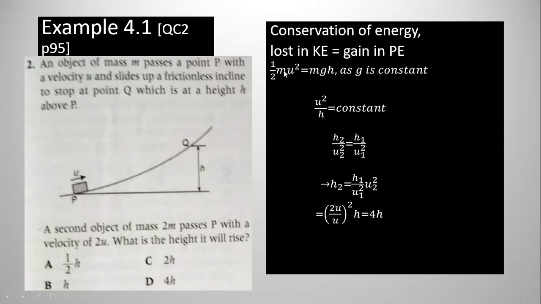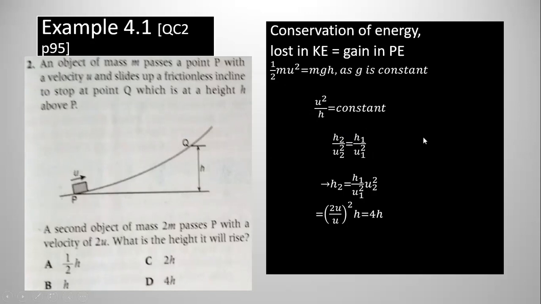Then the m cancels off. Take all the constants to one side. g is a constant. We take the constant to one side, and u squared over h equals a constant. Then let the two be variable. This is the final one, this is the initial one.